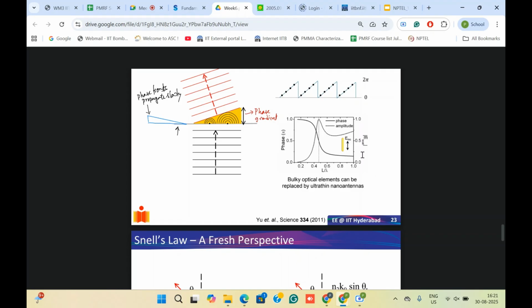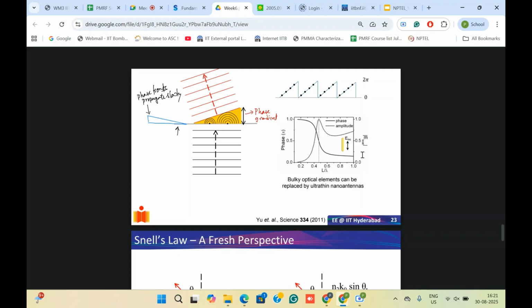So if you arrange such antennas, let's say one small antenna, bigger antenna, an array like small, big, then big, then big, we are introducing different phases across the different sizes of the nanotubes.